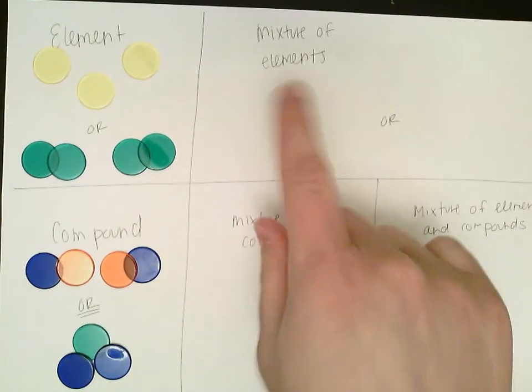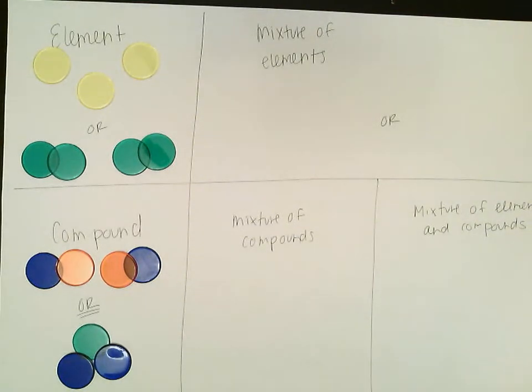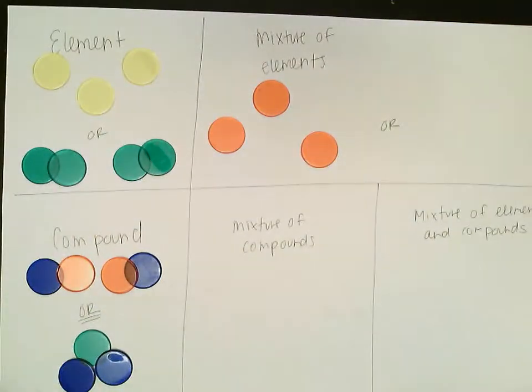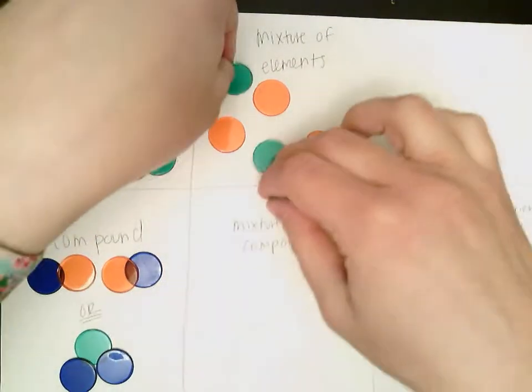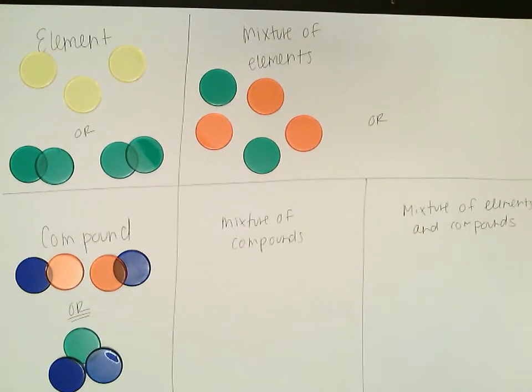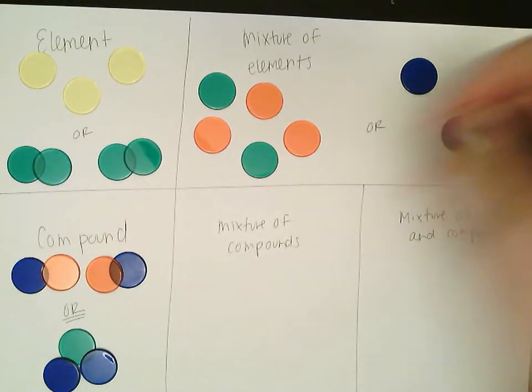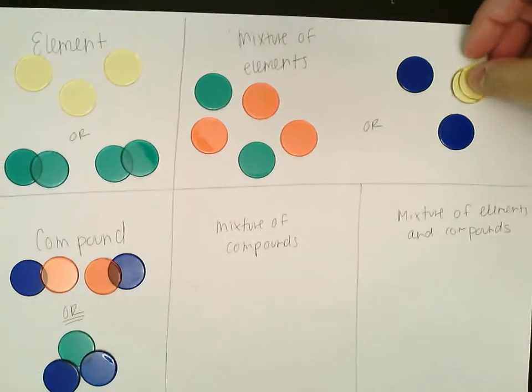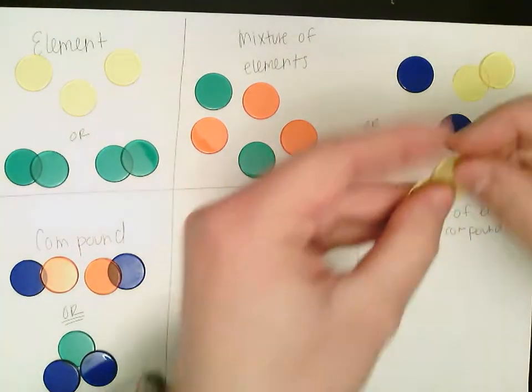Now let's talk about if I had a mixture of elements. So that could be something like orange and green together. Or that could be something where I have that diatomic option. So say I have some blues, and then my diatomics.